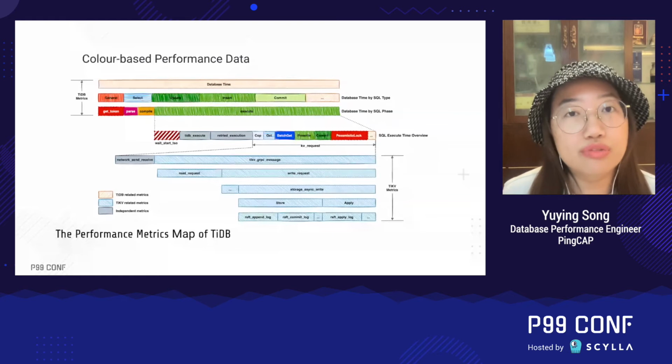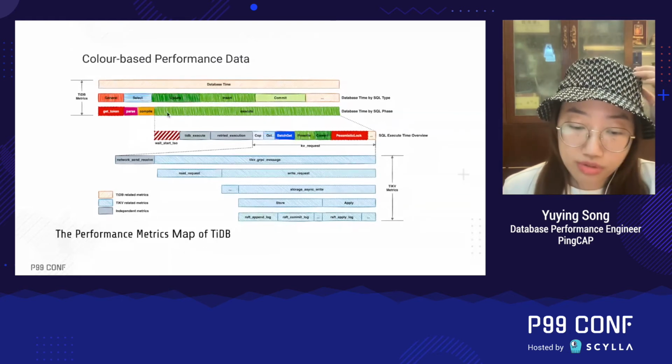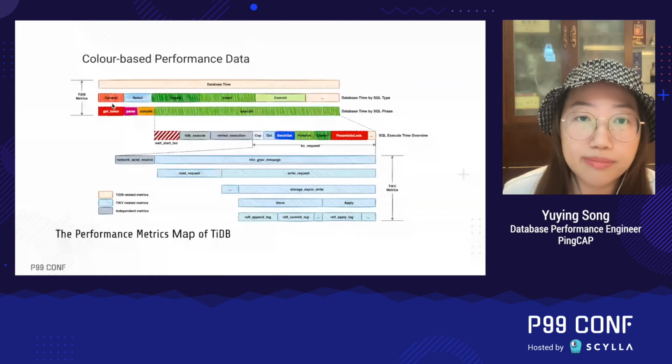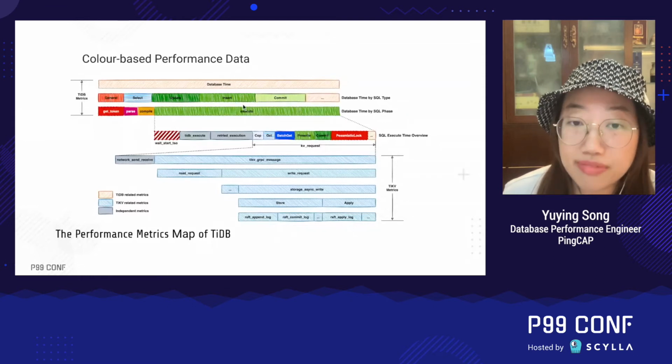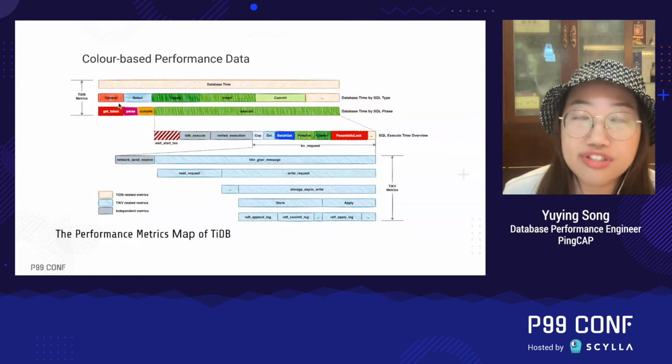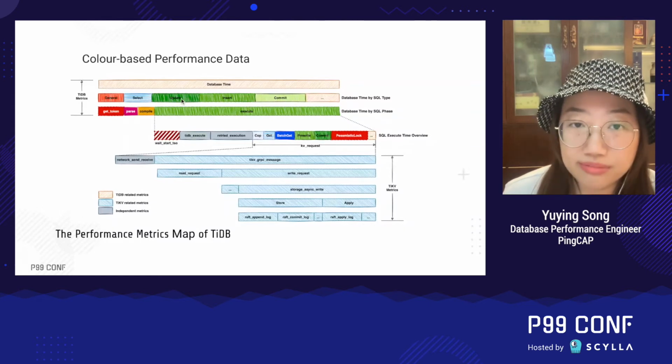For example, when you use prepared statements, there are some SQLs like statement close and statement reset. Those are SQLs that we name general, and they are not customer workload related. So when you see general SQL take a significant part of this chart, it means there's something wrong with your system. The system is not using the most important resources to process the most important queries. It's doing something else.